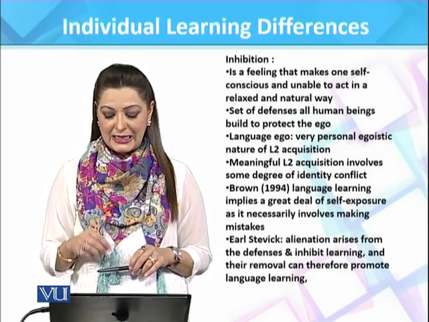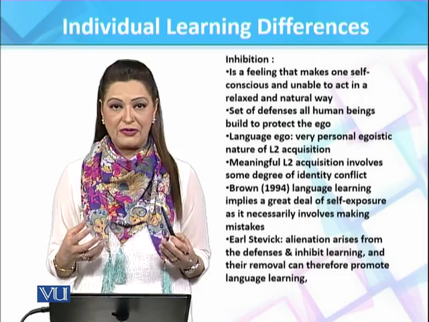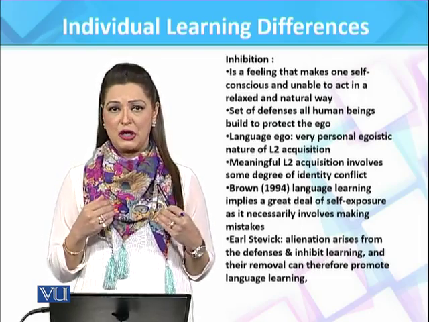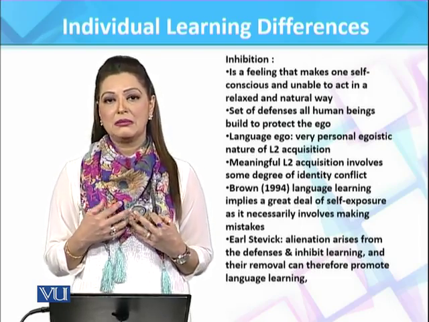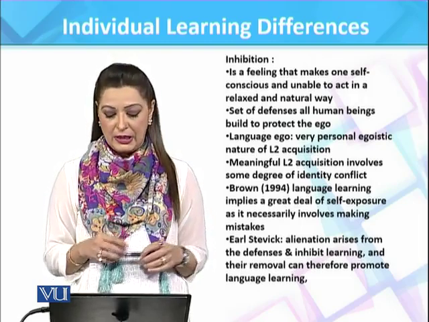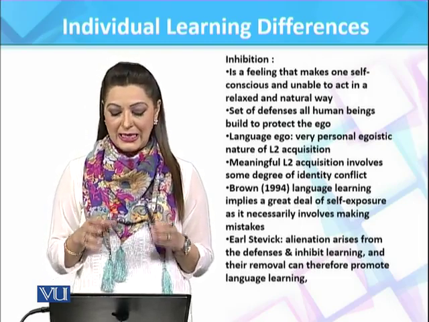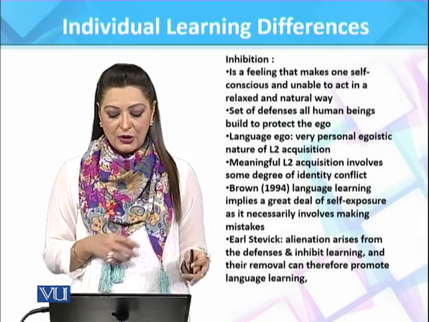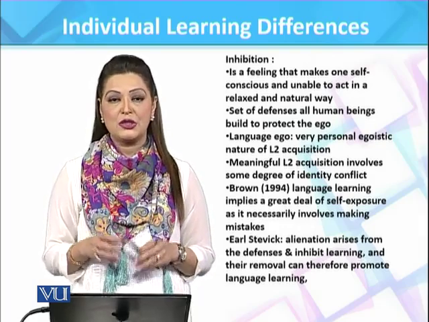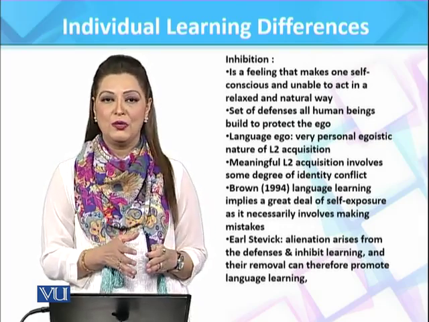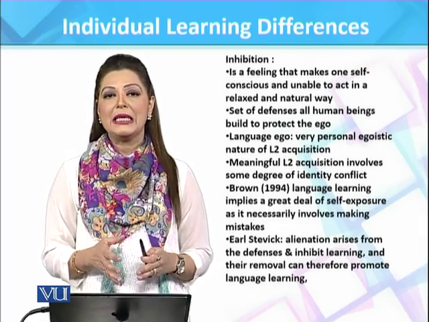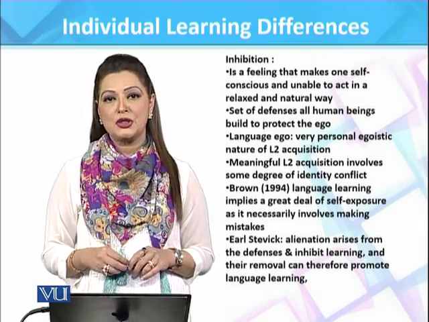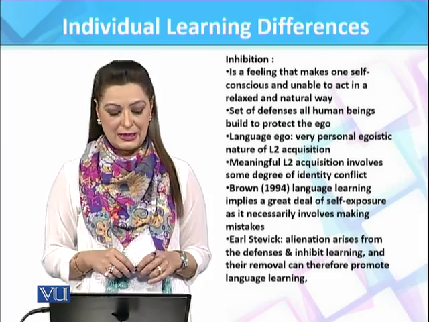Alstevens says that alienation arises from the defenses. Your isolation or withdrawal is the result of those defenses, which inhibit learning, and their removal can therefore promote language learning. So if all the inhibitions and barriers are removed, the learner is in a better condition to develop the language learning process.